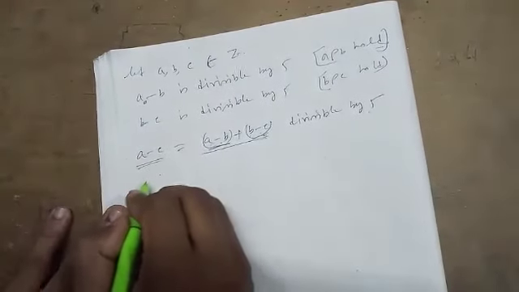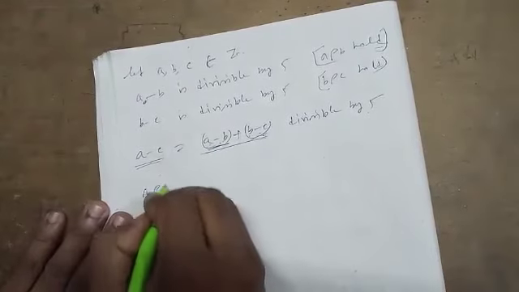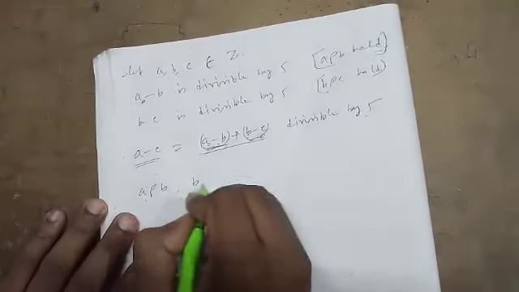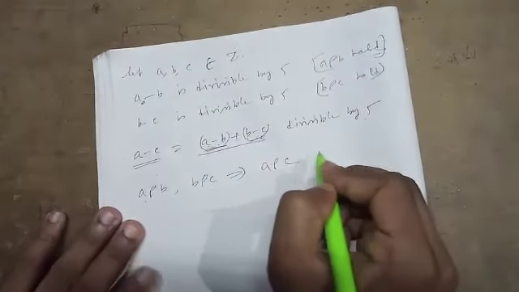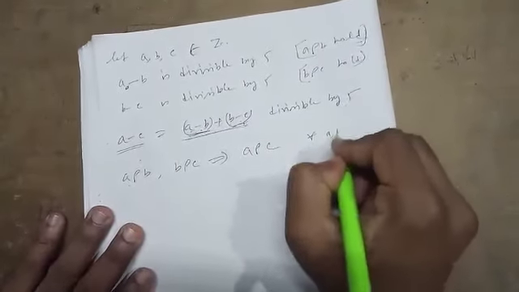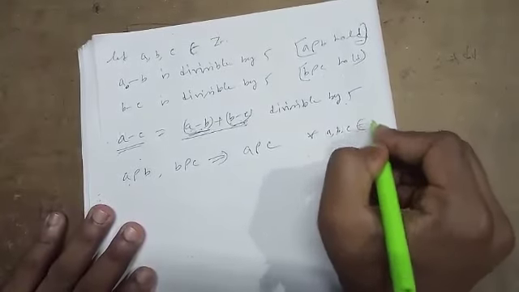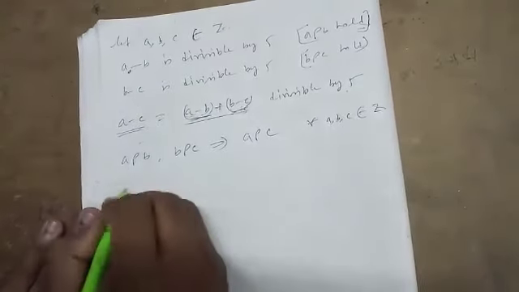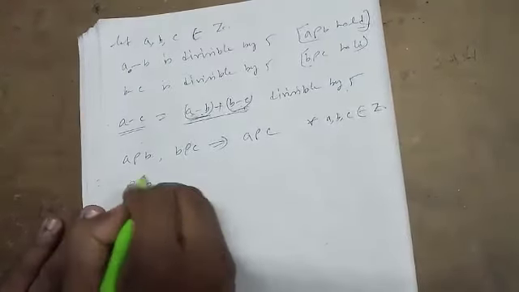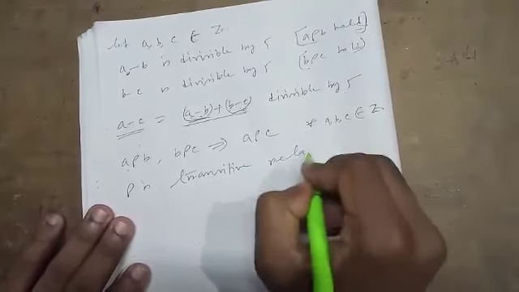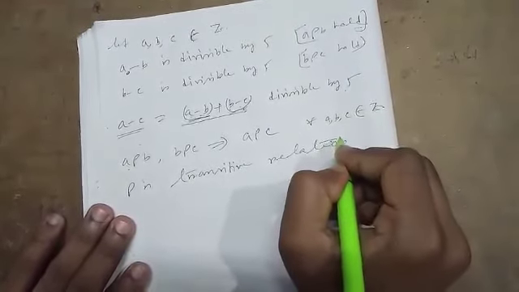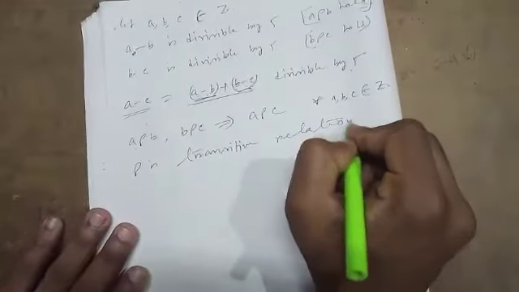So we can say that a rho b holds and b rho c holds, this implies a rho c also holds for all a, b, c belongs to Z. That means rho is a transitive relation.